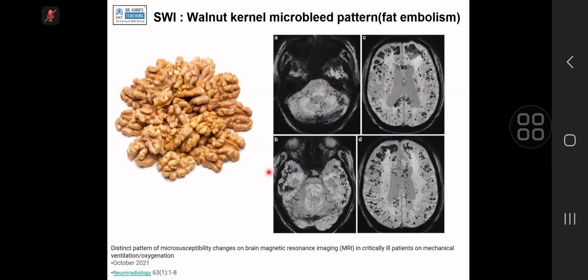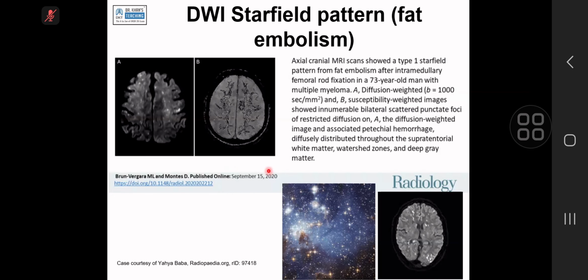And then this is the star field pattern, which we did not see because our patient was more than 10 days old. But this is from the literature, from radiology. Look here, star field. And from Radiopaedia, this is what star field looks like, and the same pattern as in the walnut kernel pattern.